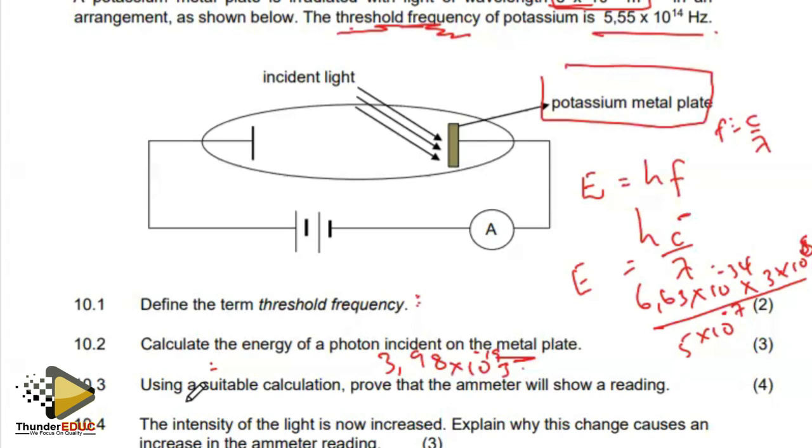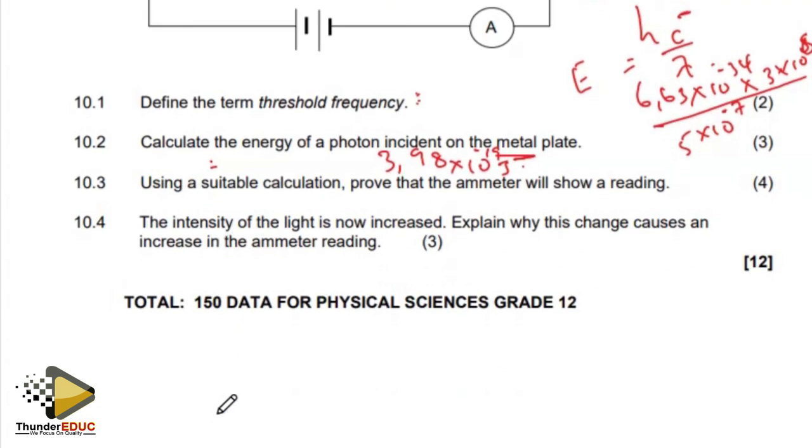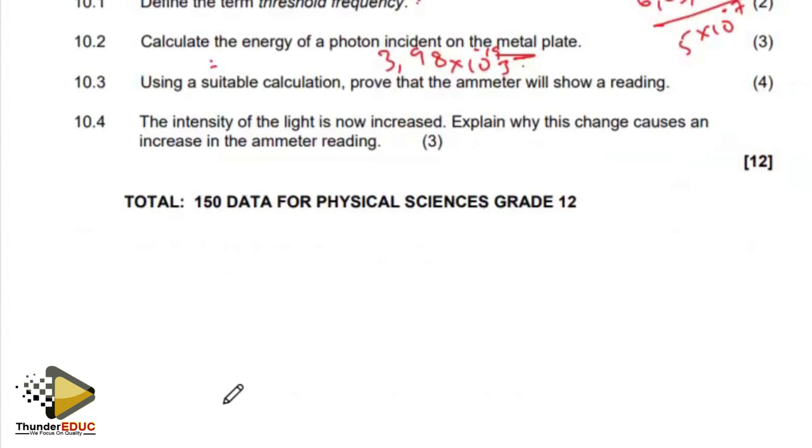So what do we do? So for us to have some bit of reading, which means there should be kinetic energy. Okay, so what I'm going to do is I need to get the energy, which will be the work function plus the EK max.